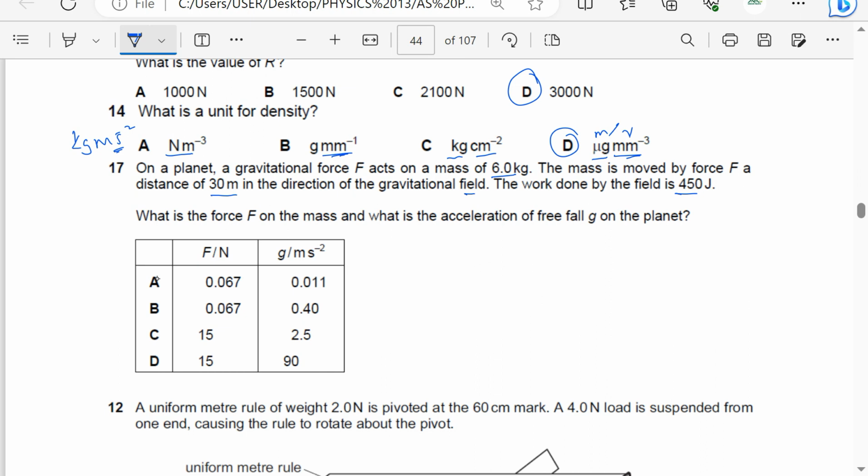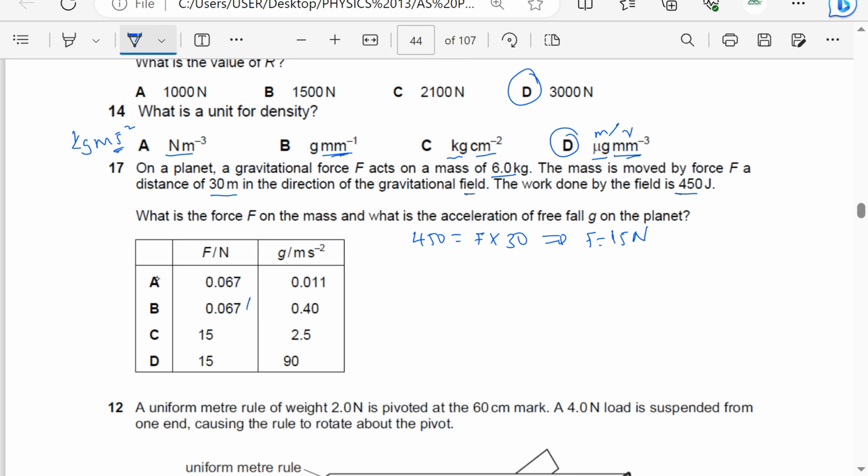Okay, so to begin with, the work done is 450. Work done is equal to force times distance, which is 30. This means the force is 450 divided by 30, which is 15 newtons. So the force is 15 newtons.